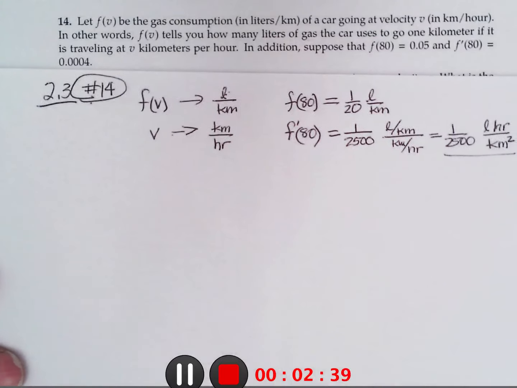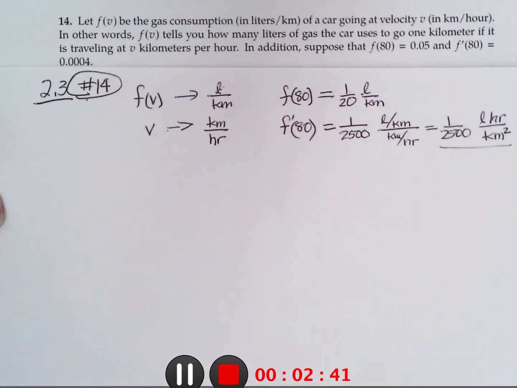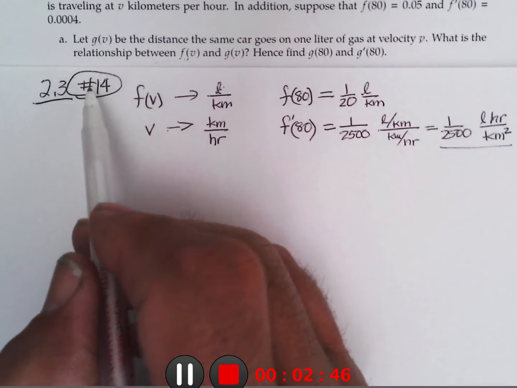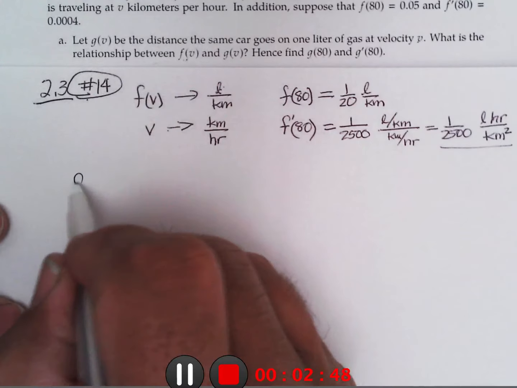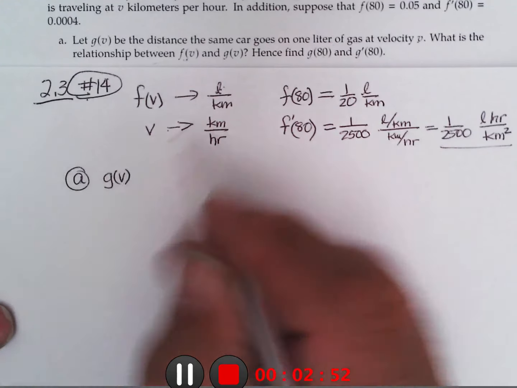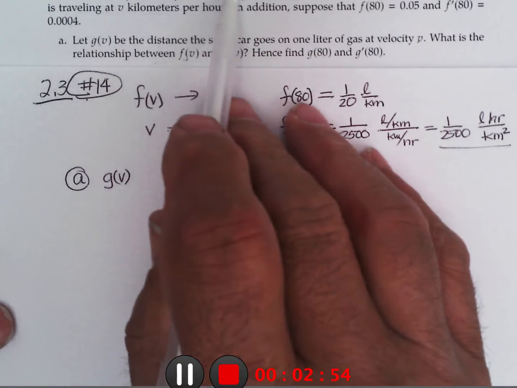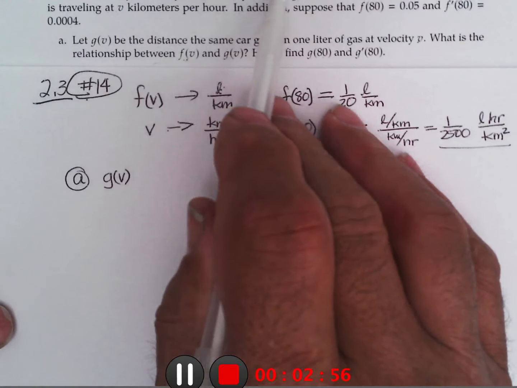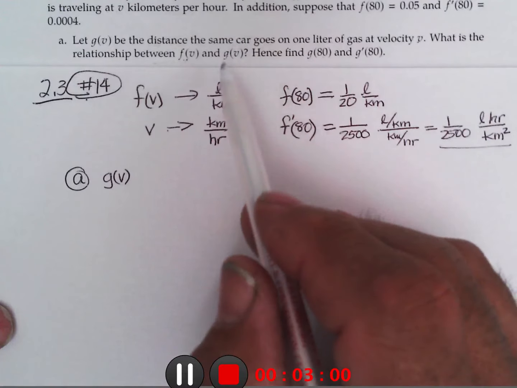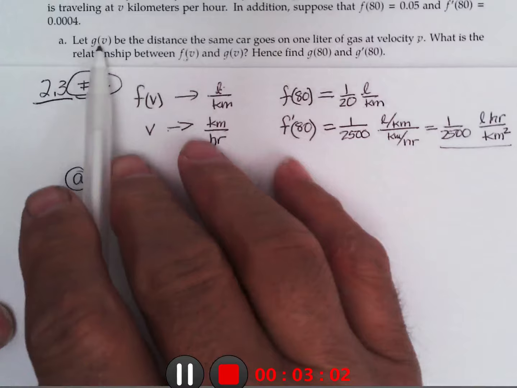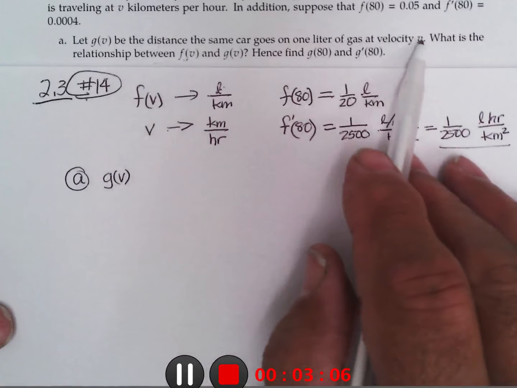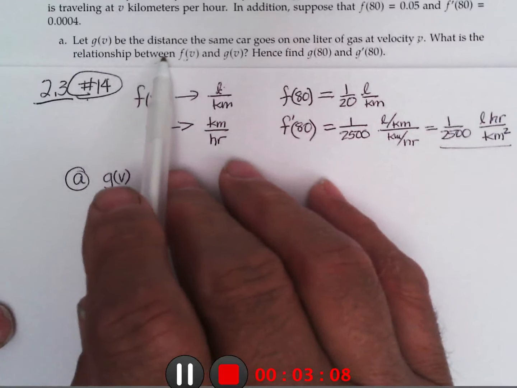Okay, got that information down. Now, part A. Suppose G of V is the same car, the distance it goes on one liter of gas at velocity V. What is the relationship between the distance it goes per liter?